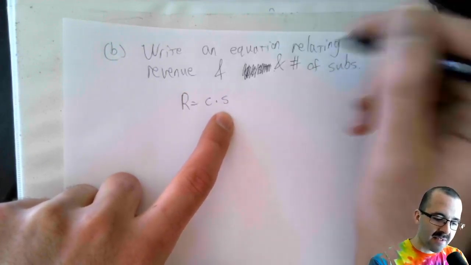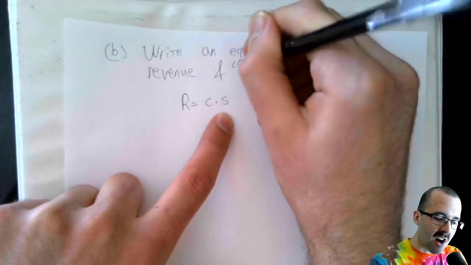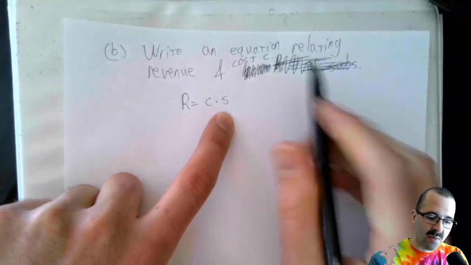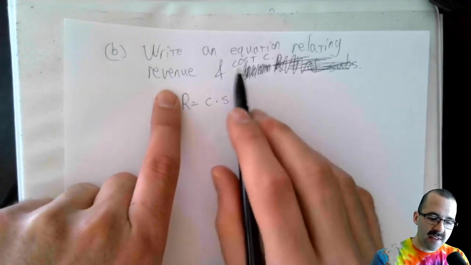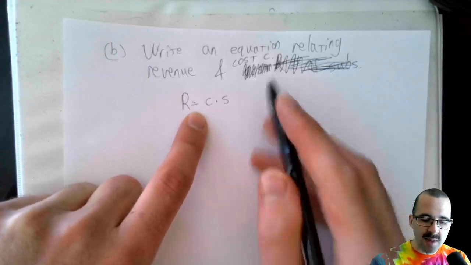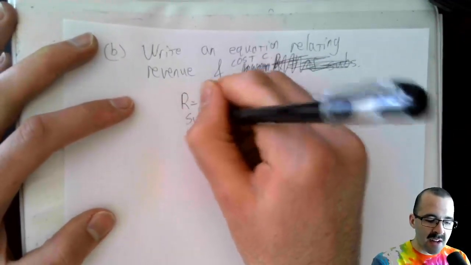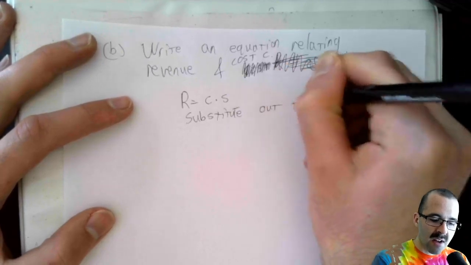And cost, C, only. So we want to get rid of the S. It was indeed correct over here. So we're going to substitute, just like we did before, right? Substitute out the s.